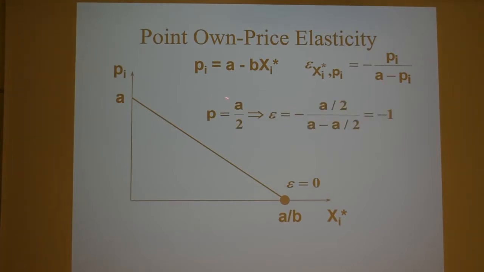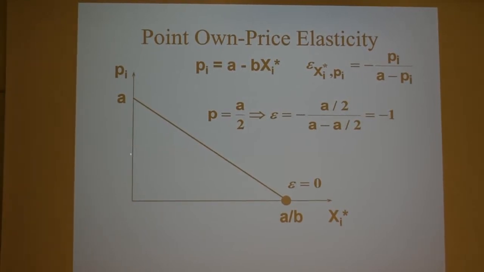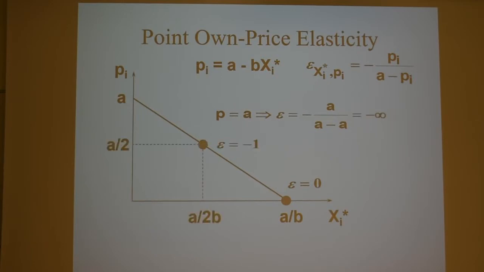Okay, let's do the middle point. If p is half of a, which is the middle point of this demand curve, then it will be a over 2, divided by a minus a over 2, it is minus 1. And if it is a, it's negative infinity.